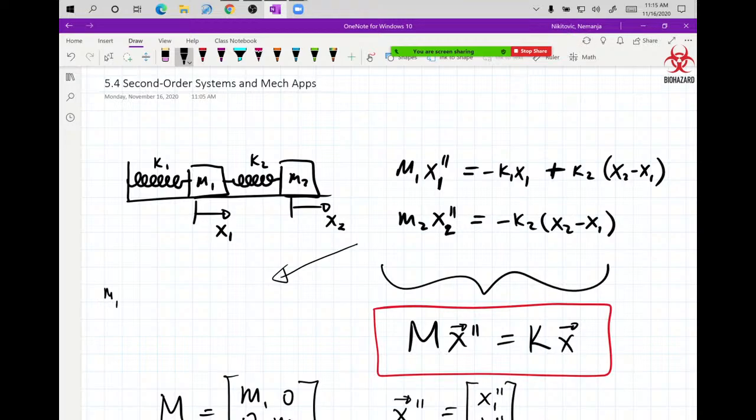That's going to be M1 X1 double prime equals, and now X1's coefficient is going to be minus K1 minus K2 times X1, and then plus K2 X2, and then M2, there we go.